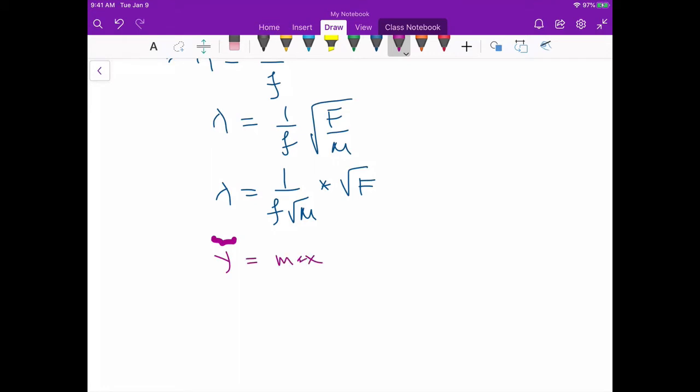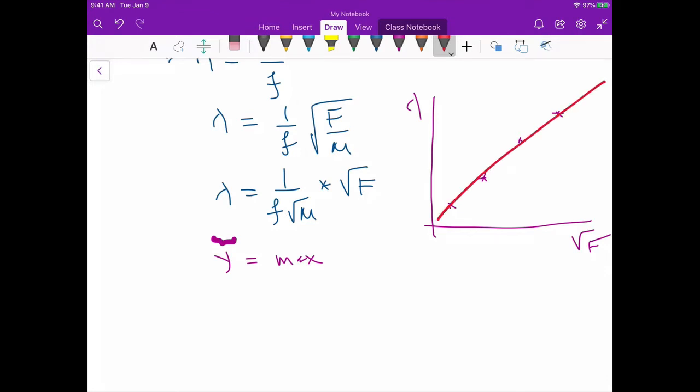If you take a set of lambda values and put them on the y-axis, and take the corresponding set of F values, the tension or force in the string, and put those points on a graph, you draw the best fit line and find the slope of that graph.